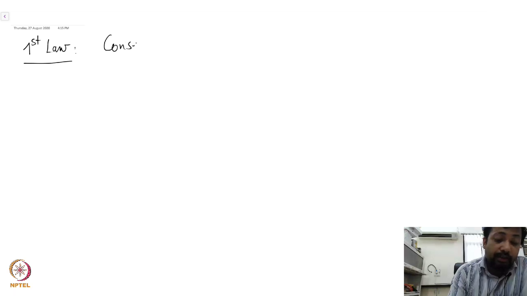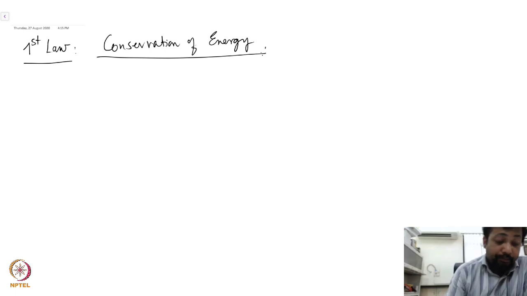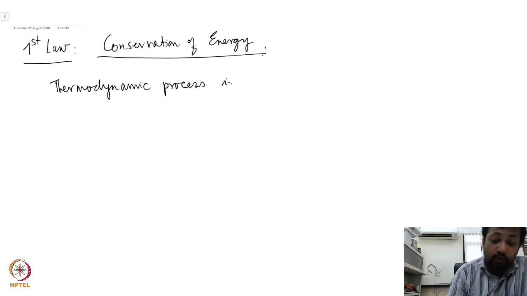What about the first law? The first law is very simple. It's essentially a statement of the conservation of energy. And the statement is the following. Suppose that I have a thermodynamic process in which no heat exchange is allowed.